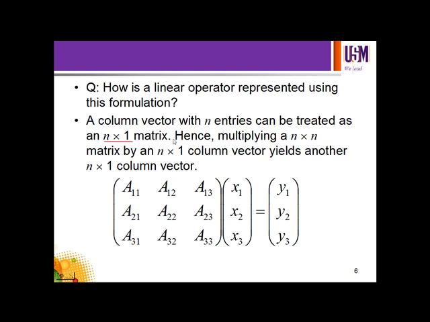Hence multiplying an n by n matrix by an n by 1 column vector yields another n by 1 column vector.